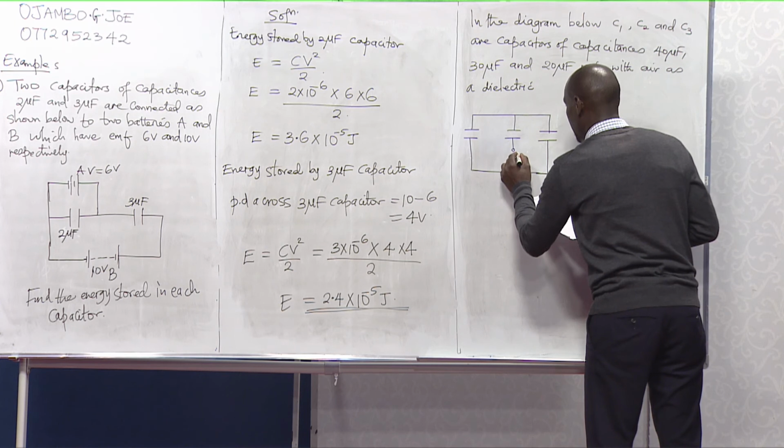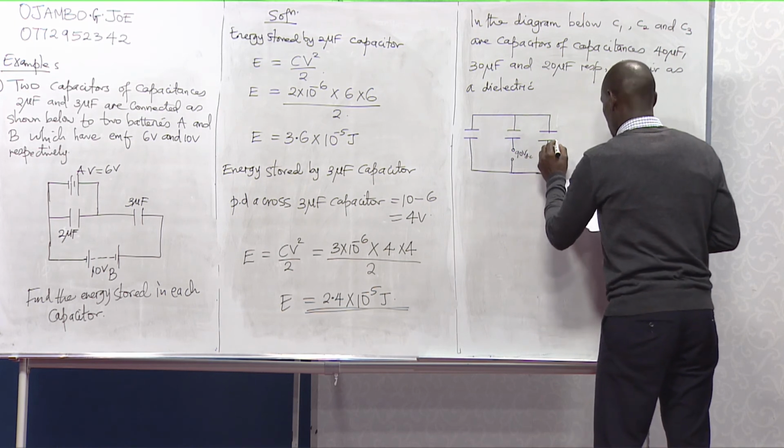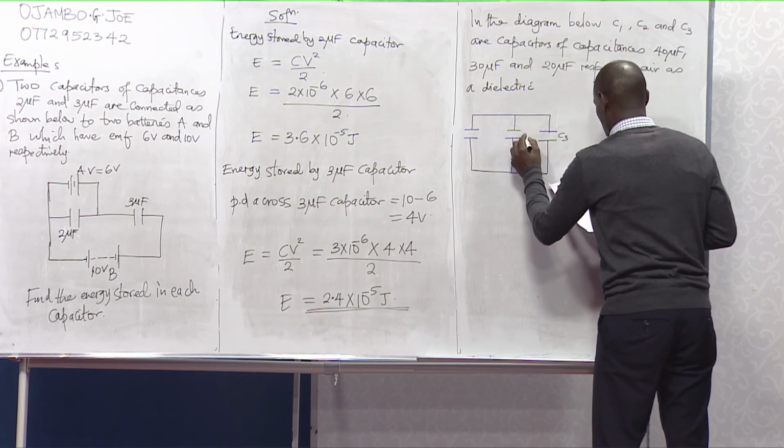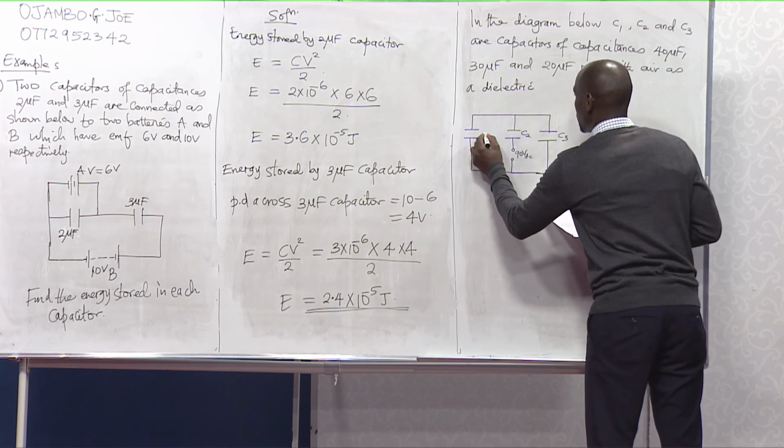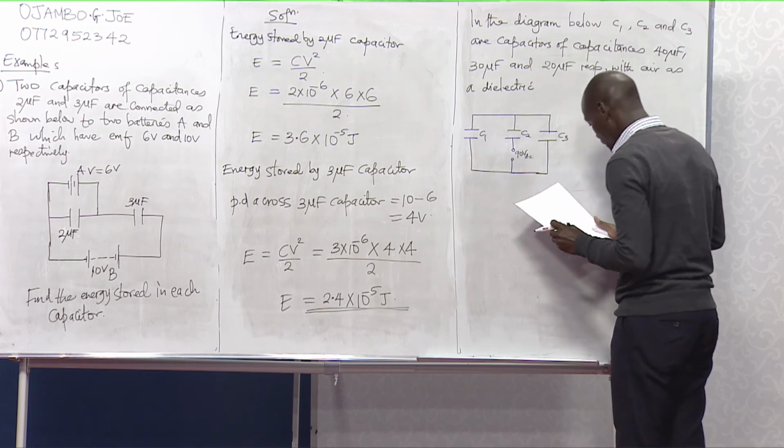This is 90 volts DC. This is C3. This is C2. This is C1. You see?